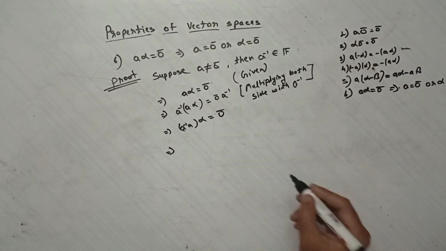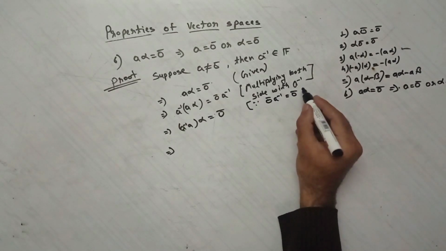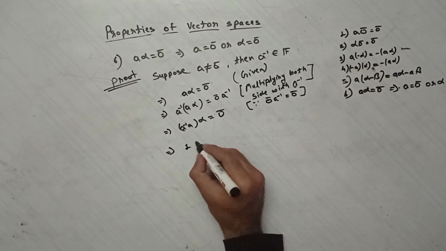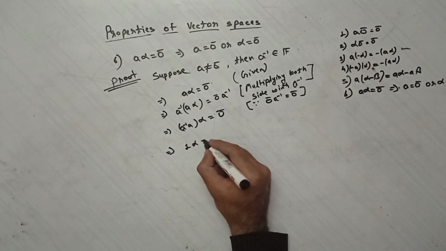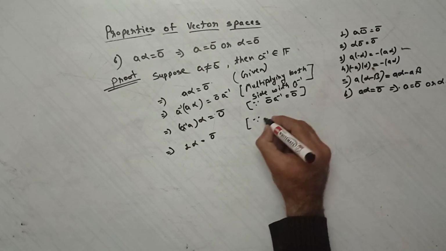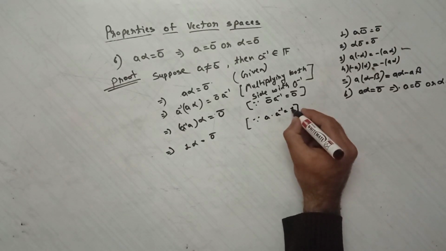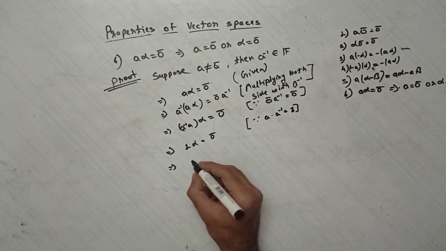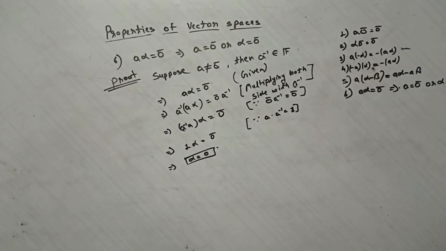This becomes 1 because of the identity element, and 0 vector into a inverse also gives us 0 vector. So 1 alpha equals 0 vector, and we get alpha equals 0. We proved that if a is not equal to 0, then alpha equals 0.